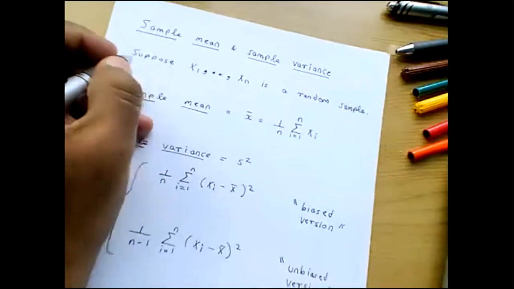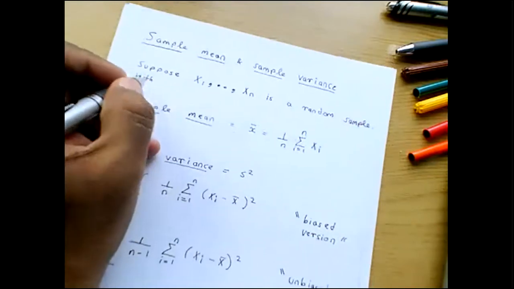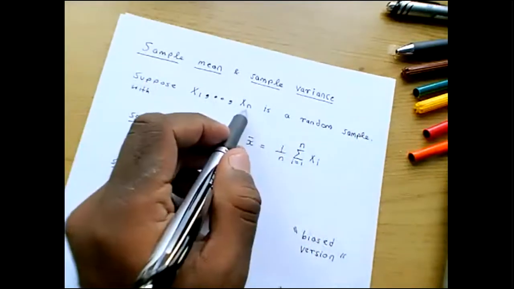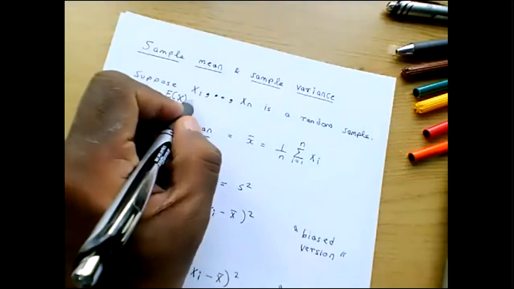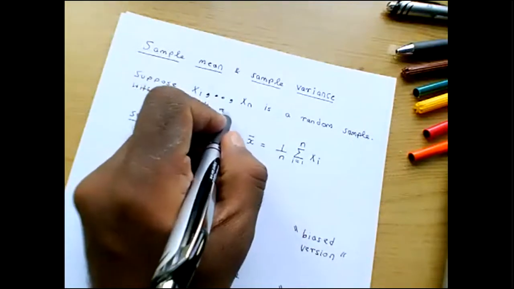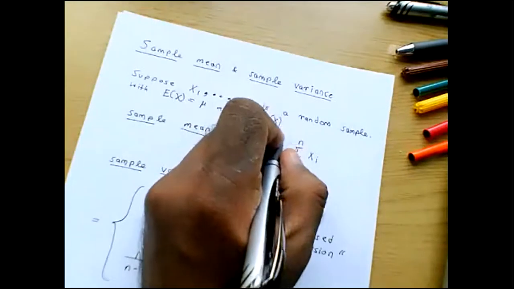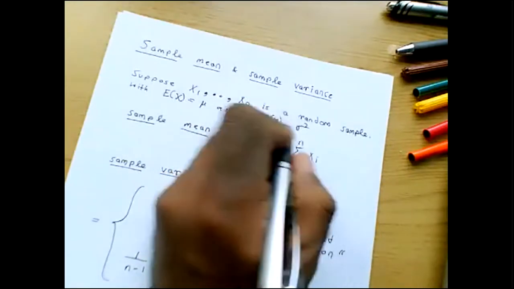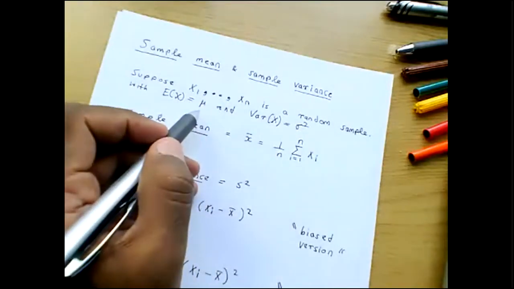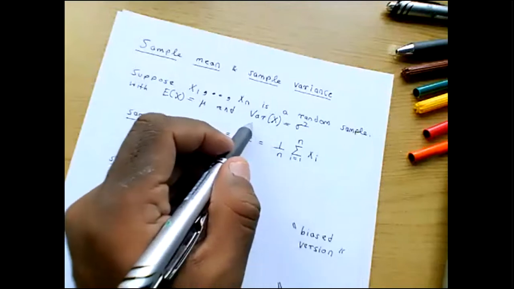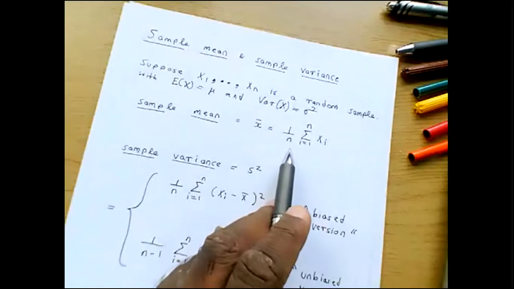I should have said here, suppose X1 to Xn is a random sample with the expectation of X equal to mu and the variance of X equal to sigma squared. In other words, I'm assuming that each of these data points has population mean equal to mu and population variance equal to sigma squared, right? So then this is the definition of the sample mean.